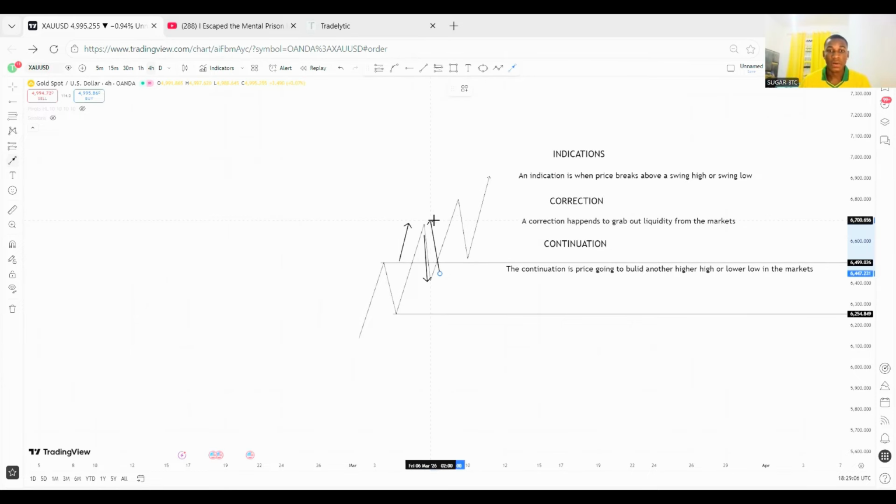So that's how I trade. I'm going to be looking for price to come back above this level, or even for price to give me a new higher high in the market, right?